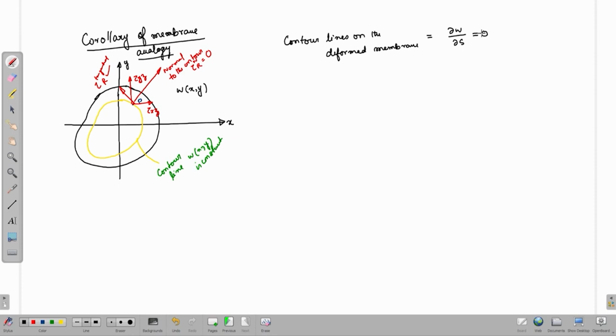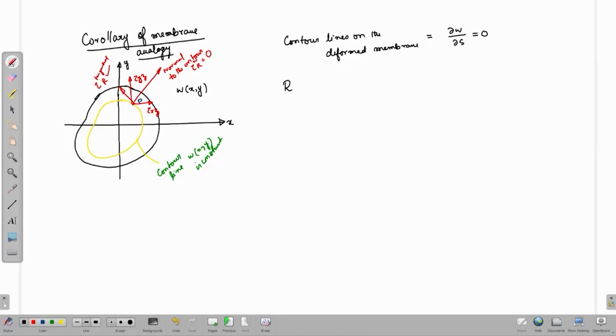So, del W by del S has to be equal to 0. Now, let us find out the resultant of shear stress at any point P on the contour. Either we imagine that the point P is in the contour, or once we know P, let us imagine a contour line through that point.